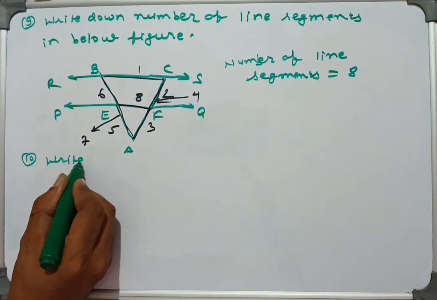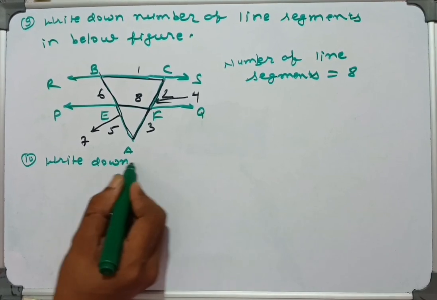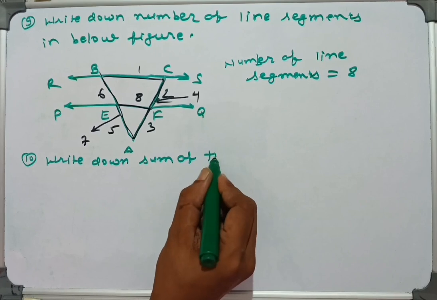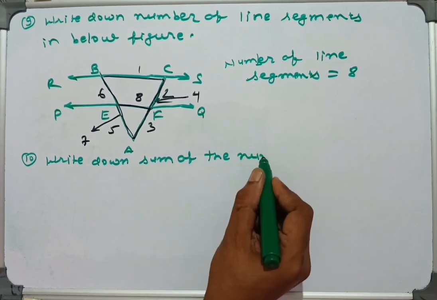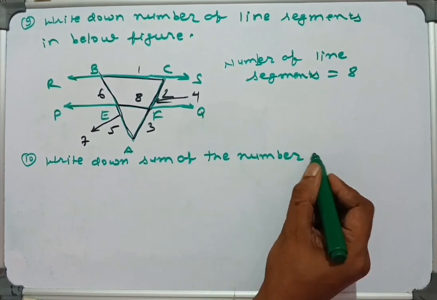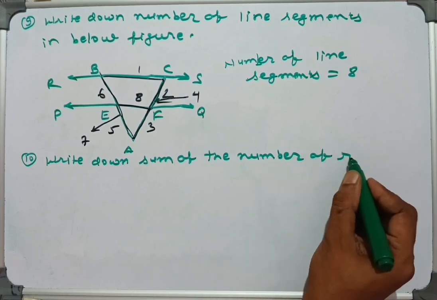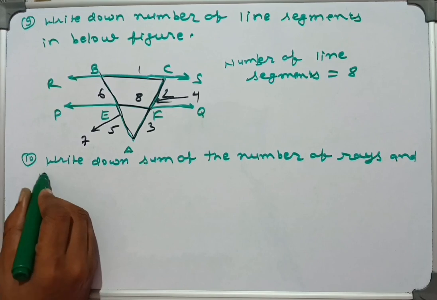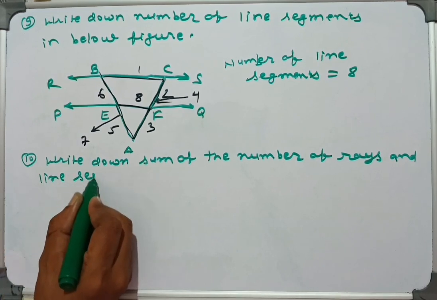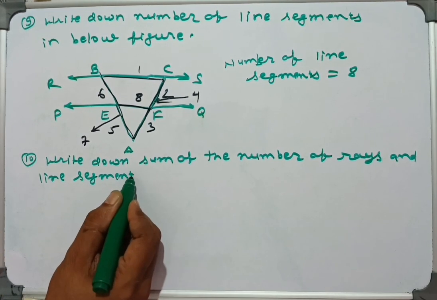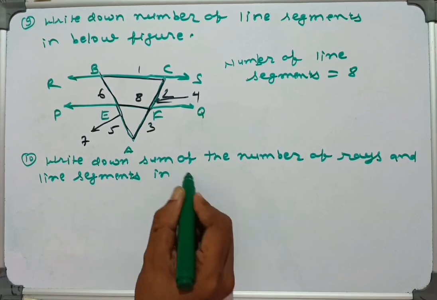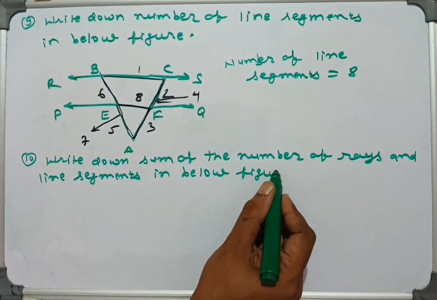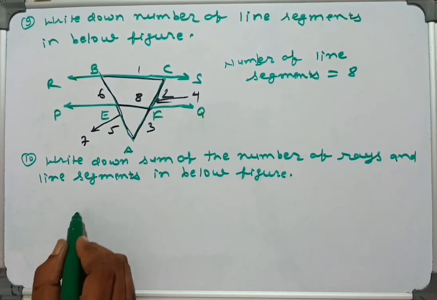Write down the sum of the number of rays and line segments in the below figure. So what is the figure here?